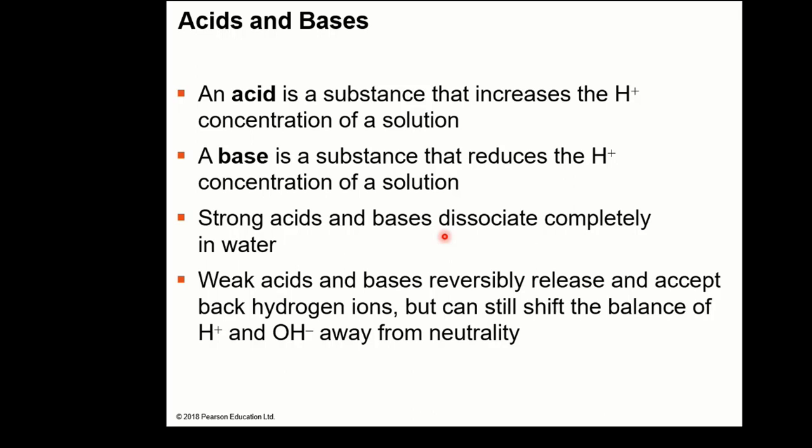But a base is a substance that reduces the hydrogen ion concentration of a solution. That's the difference, and I'm sure your examiner might require that. So the acid increases the hydrogen ion, but the base reduces the hydrogen ion concentration of that solution.